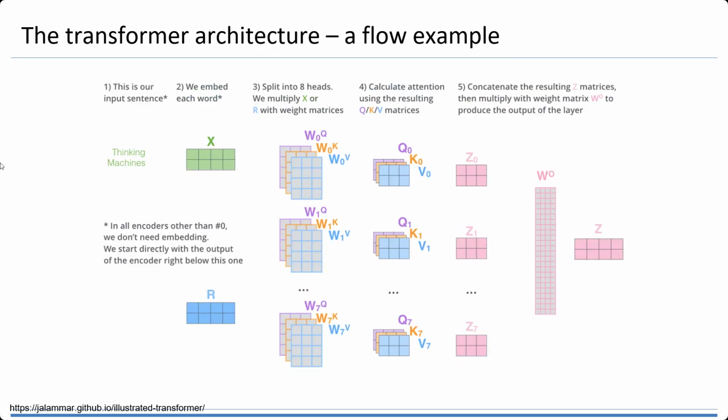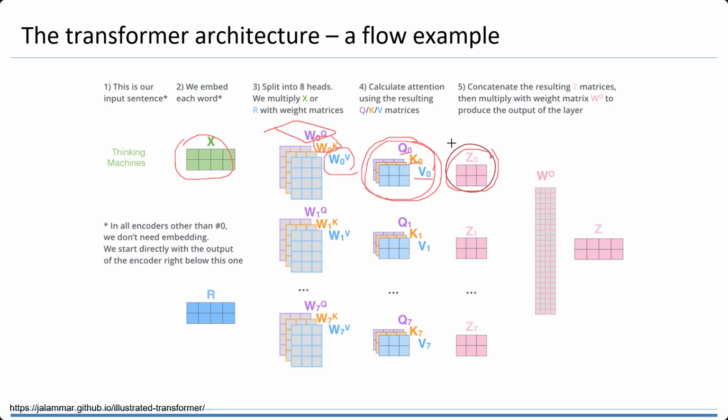So this is the mechanism. After we have x, we do the multiplication with each of WQ, WK, and WV, and we get the resulting values for Q, K, and V. After that, we do the multiplication again and the concatenation, and we get one value, which is Z0.